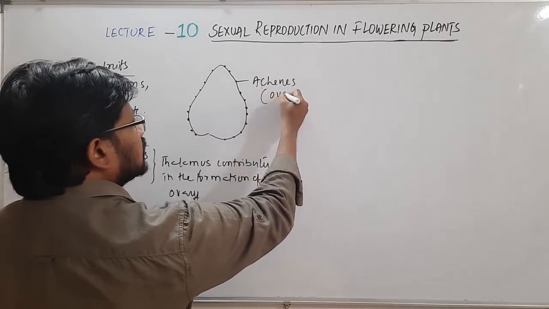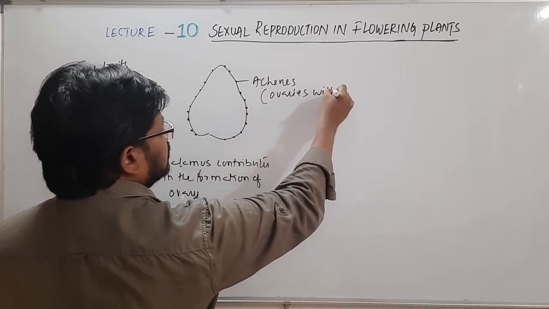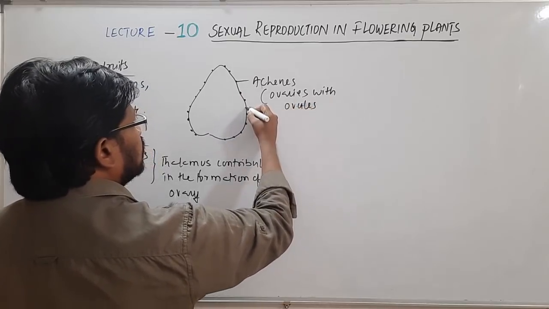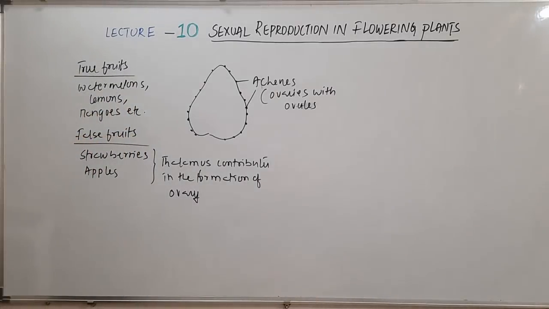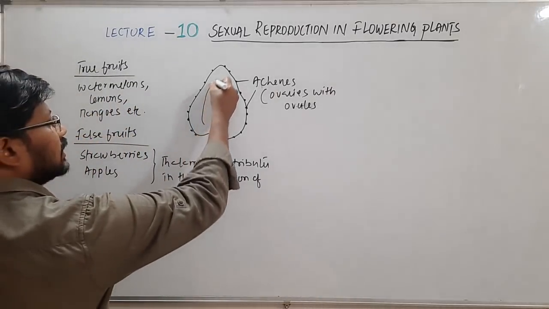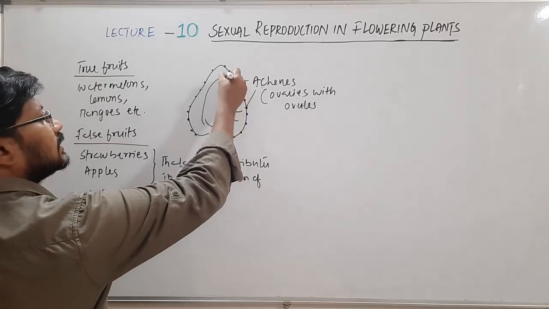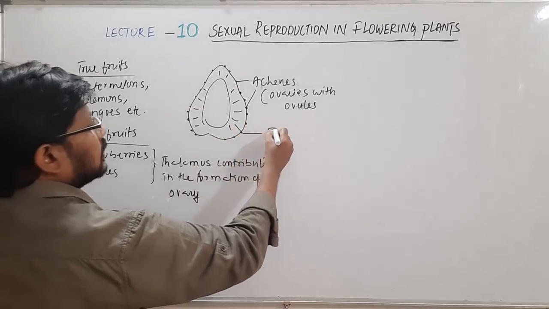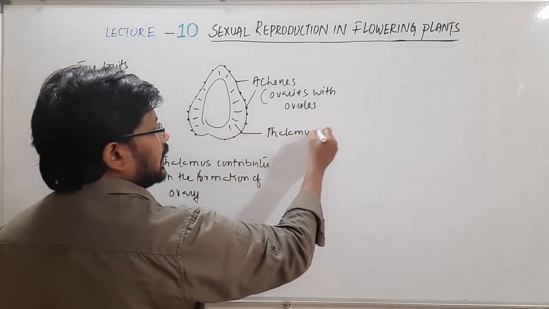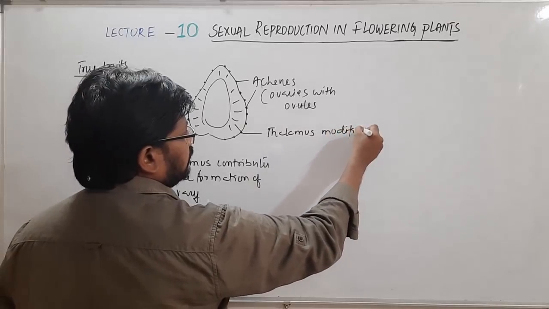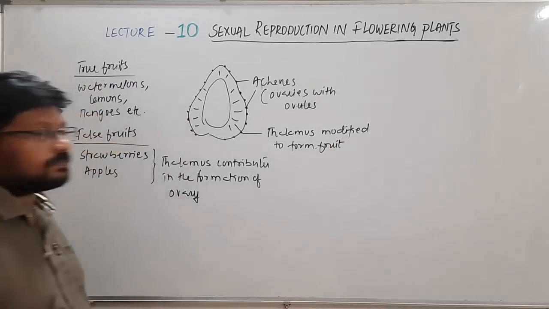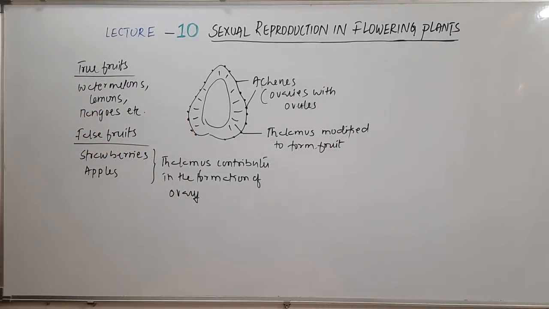Whatever other part you see here is the thalamus, which is modified to form the fruit. So that's about the false fruits.